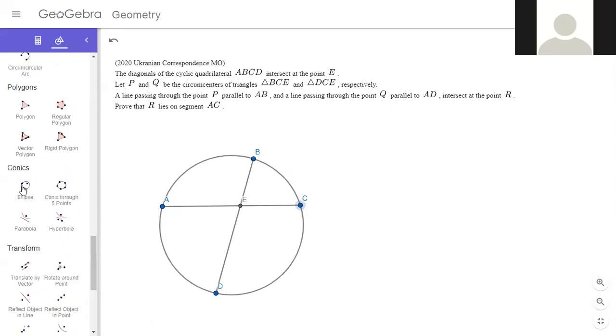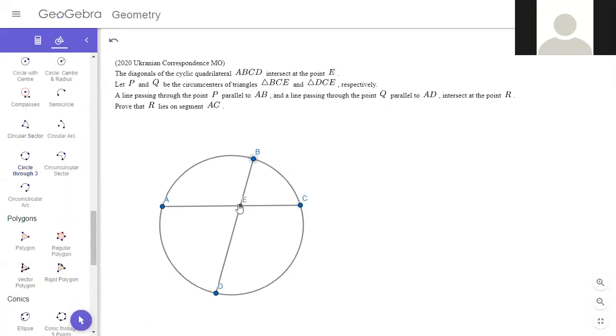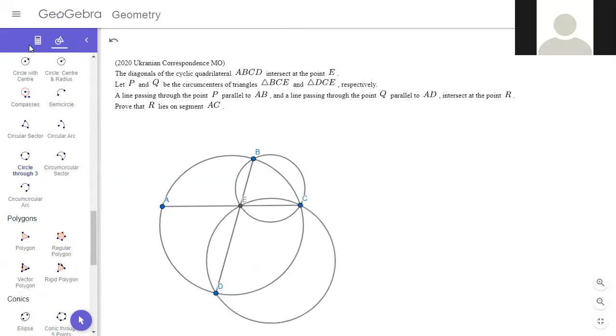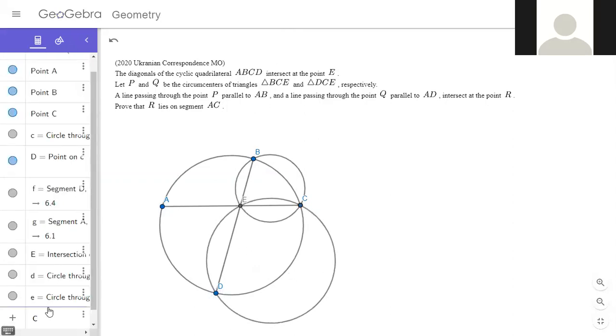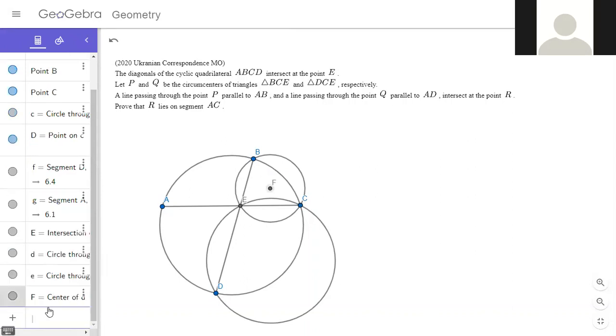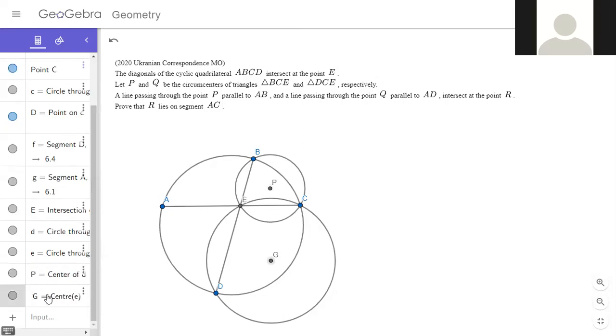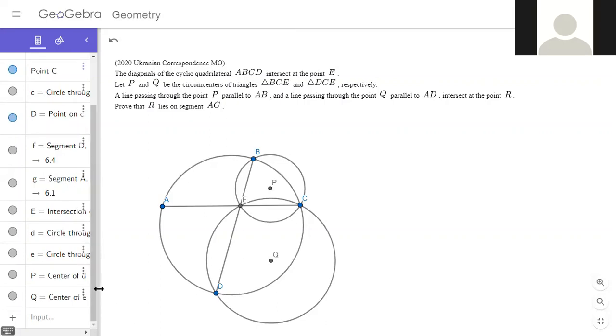Interesting. All right, so I'm going to draw those circumcircles. That's one circumcircle, BCE and DCE, the centers. We're calling them P and Q. So that should be P, and this should be Q. That's interesting.